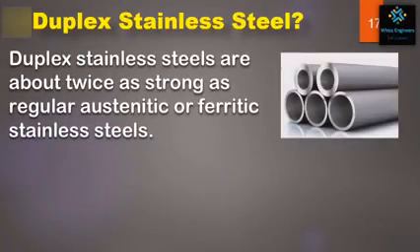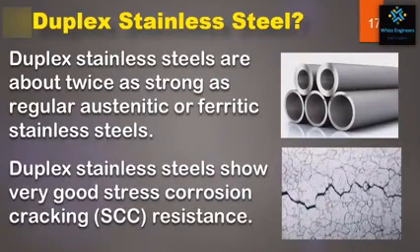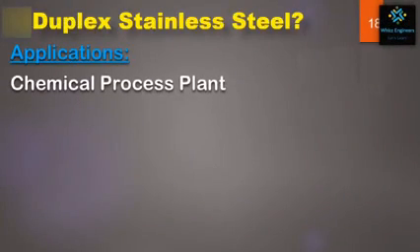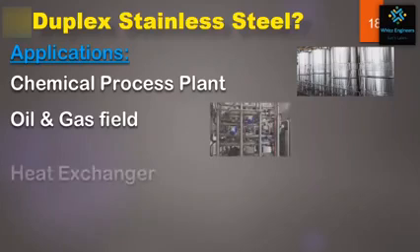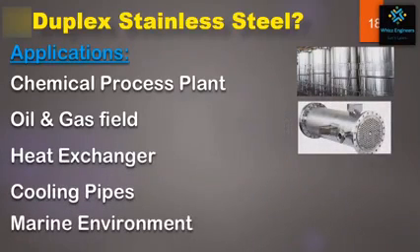Duplex stainless steels are about twice as strong as regular austenitic or ferritic stainless steel. Duplex stainless steel shows very good stress corrosion cracking resistance. So duplex stainless steel is generally used in chemical process plants, oil and gas fields, heat exchangers, cooling pipes and marine environment.